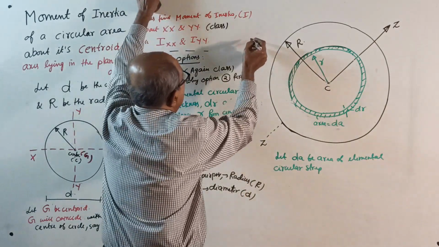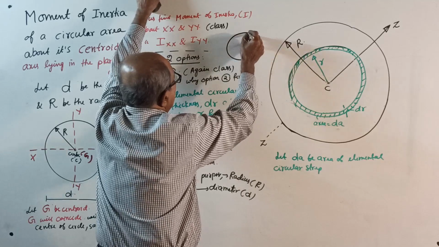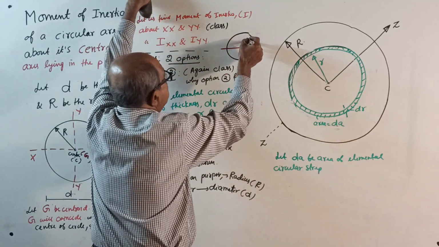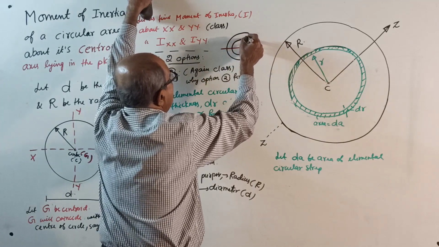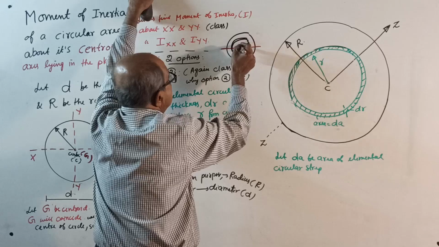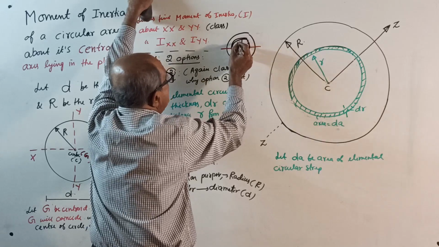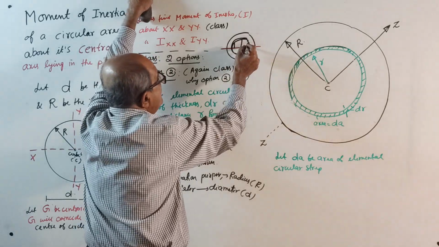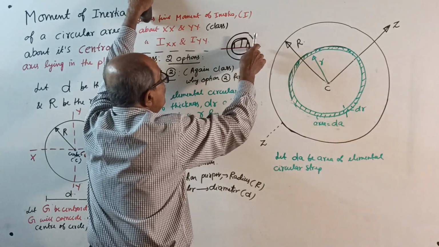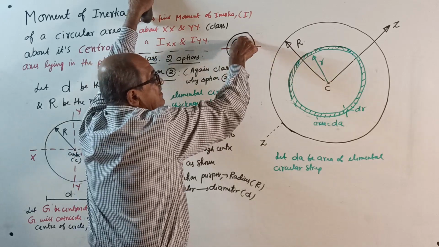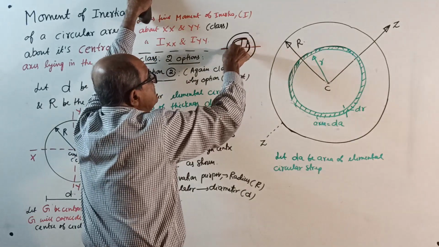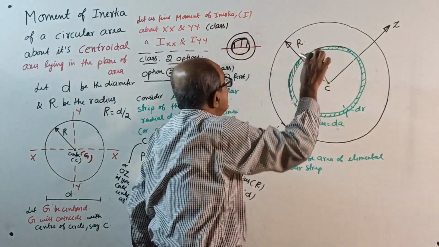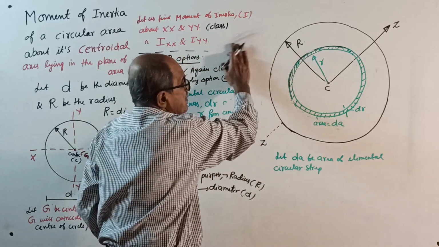If I consider the XX axis and take an elemental strip this way, this is the distance. When you come here, the distance reduces. Here the distance becomes 0. So if you consider a strip this way, the radial distance is r, perpendicular.